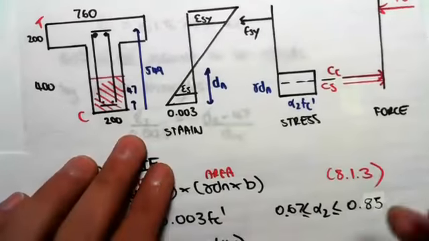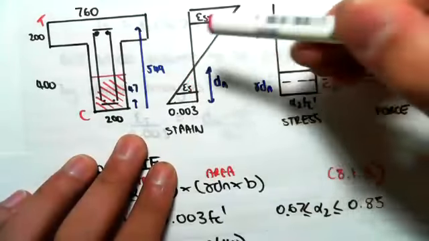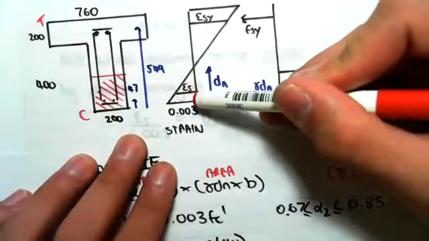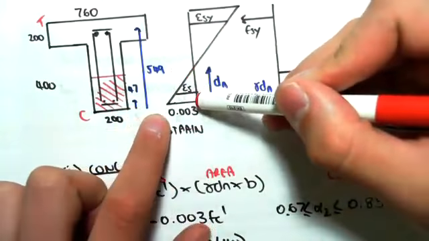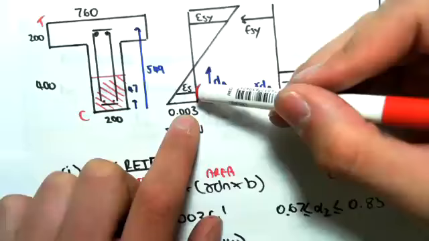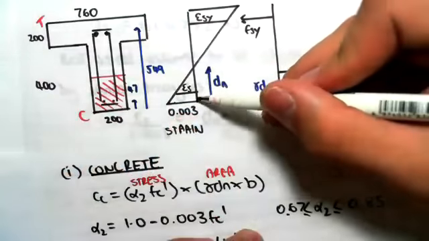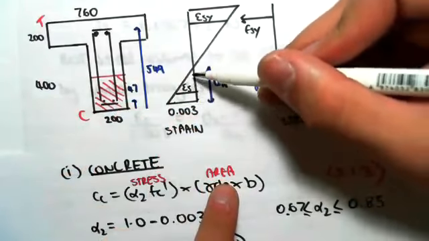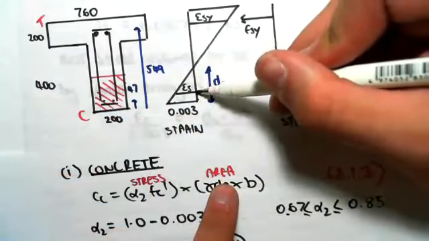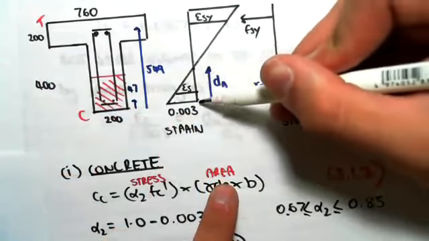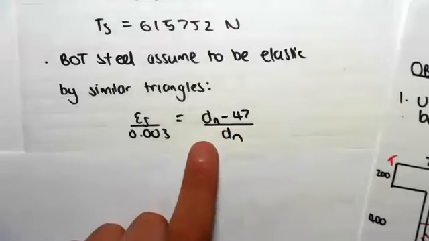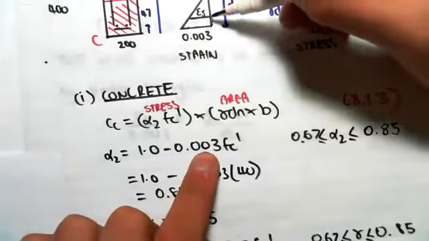So εs on 0.003 is equal to the distance from there to there, which would be dn minus 47, which is the depth to the layer from the bottom. So that depth over here from there to there is 47. That distance is dn. So that distance from there to there is dn minus 47. So dn minus 47 on the corresponding height for 0.003, which is dn.